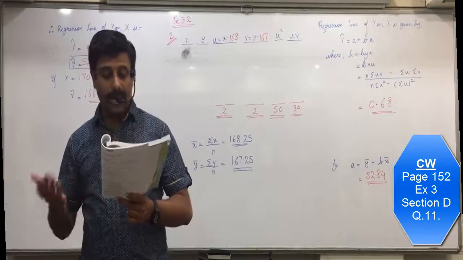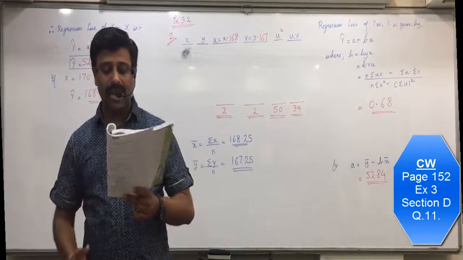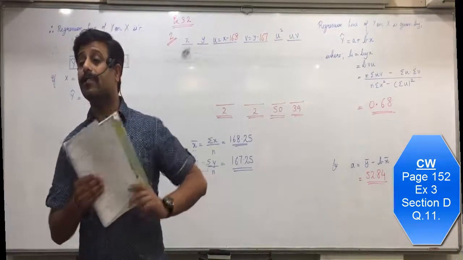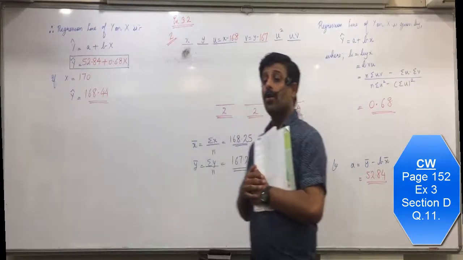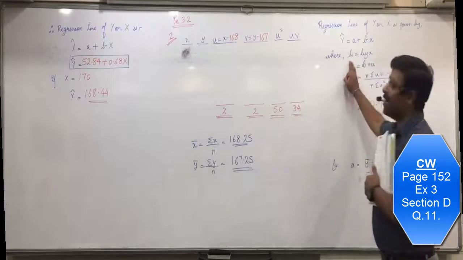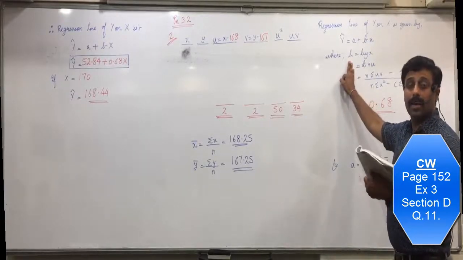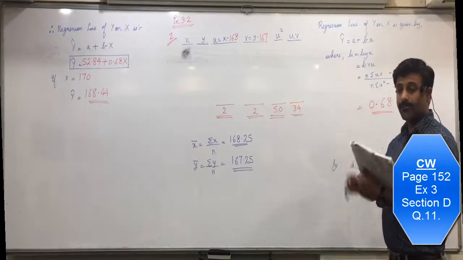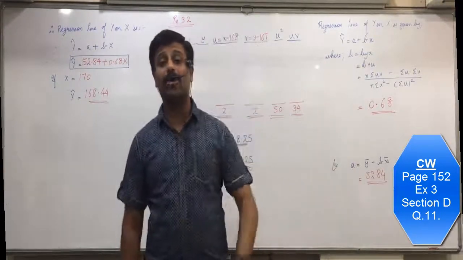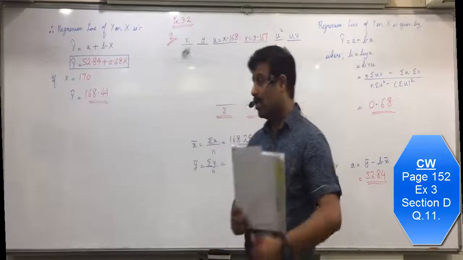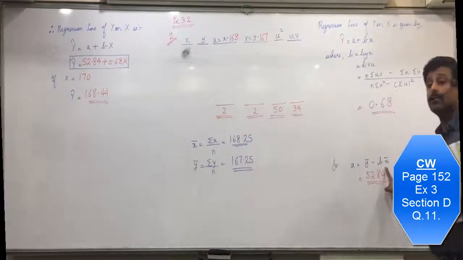Obtain the regression coefficient of regression line of y on x. What is asked? Only b. Underline coefficient. Whole regression line is not asked and you cannot even find it. What is x bar?